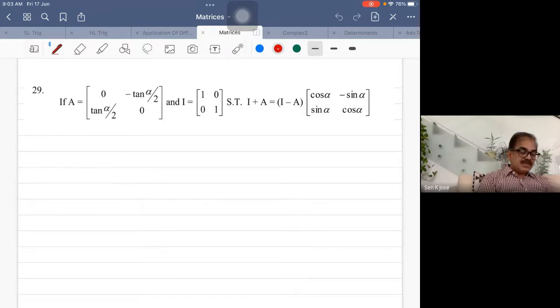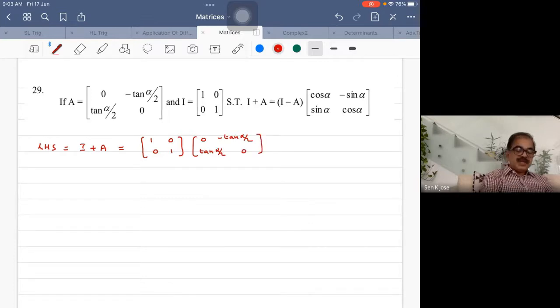Okay. So we start with the LHS. The LHS is I plus A. We copy the LHS, and then I'm going to sub in the values of I and A into this. I is 1, 0, 0, 1, and A is 0, minus tan alpha by 2, then tan alpha by 2 and 0.